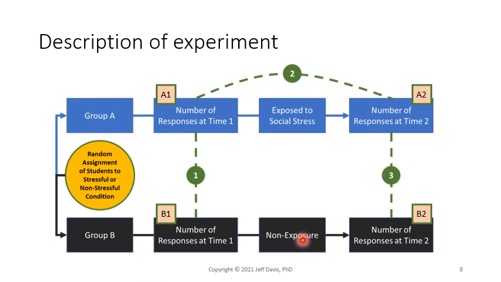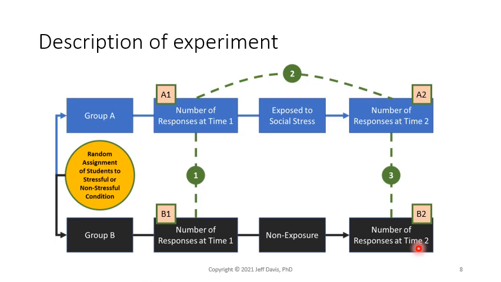So there should be no other reason why the number of questions they try to answer at time 2 is going to be different from the number they try to answer at time 1.